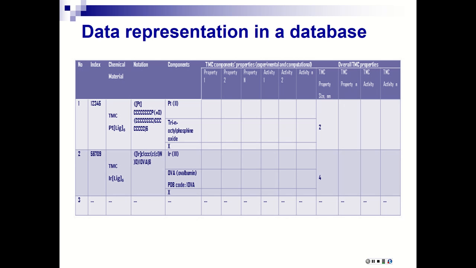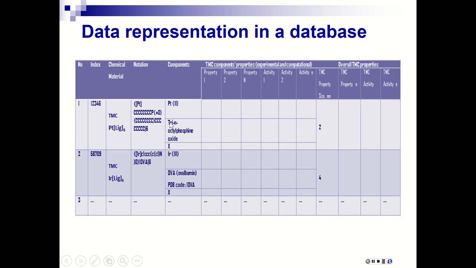Yeah, the trends. The idea, anyway, at the end is to fill out this kind of table, where we have information about the overall material: what kind of metal, what kind of ligand, or maybe there are several ligands, and the properties for them. So if we calculated data for the whole metal organic complex, we put the information over here, so it's going to be several properties.